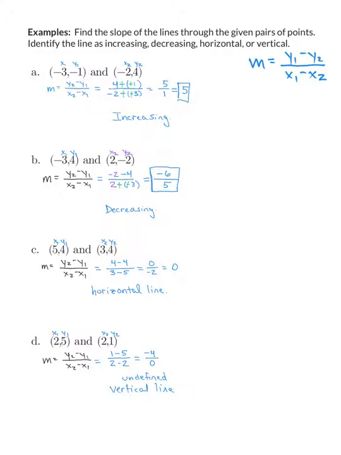So let's go ahead and show this on one of them, just to show that we will still get the same answer. So if we look at example A again, let's go ahead and plug in y1 minus y2. If we do this, we get -1 minus 4 over, now if we do x1 minus x2, we get -3 minus -2.